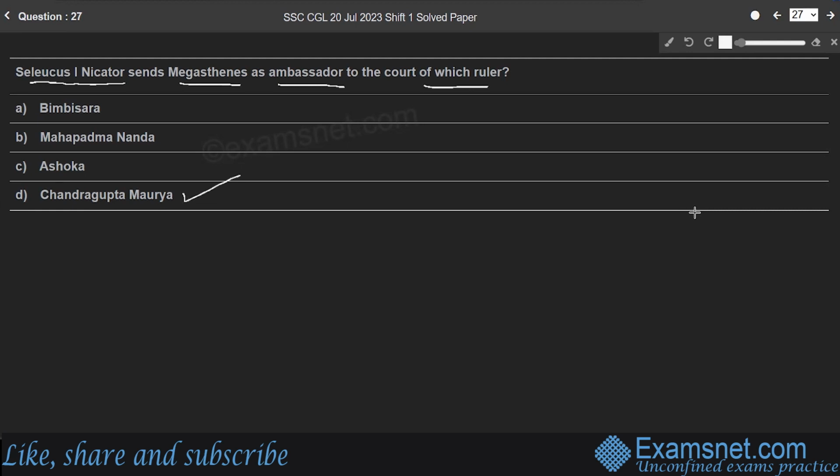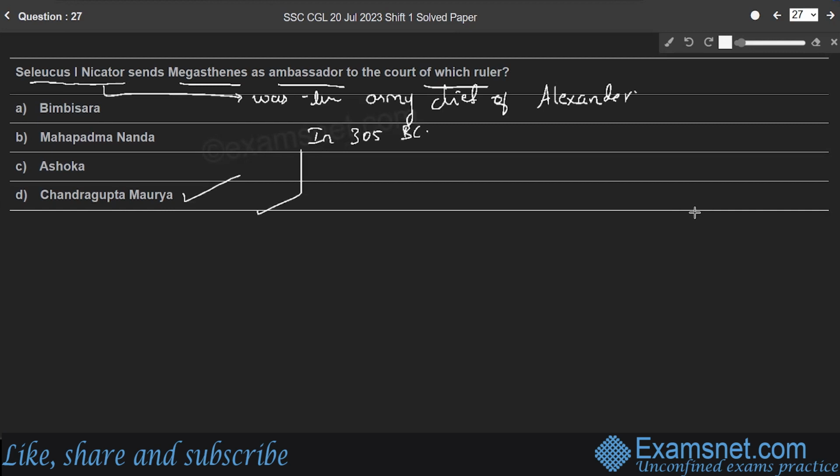Here, Seleucus I Nicator was the army chief of Alexander, right? So in 305 BC, Seleucus I Nicator attacked Chandragupta Maurya.